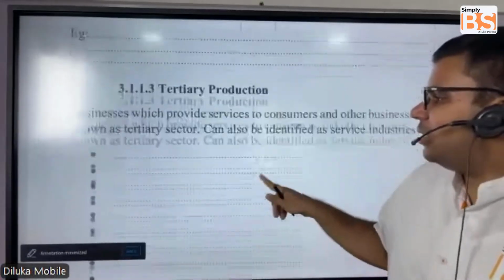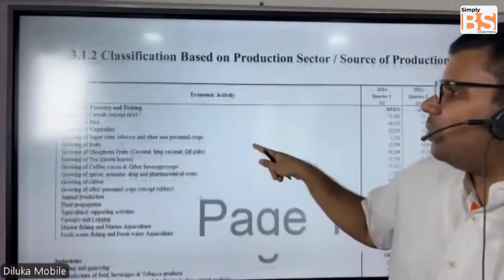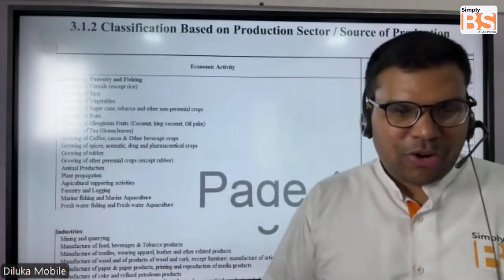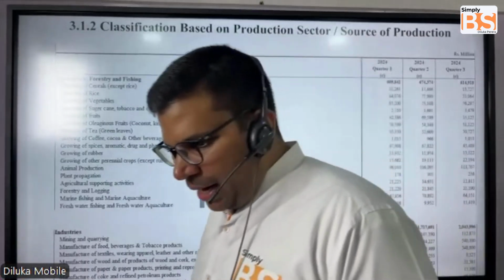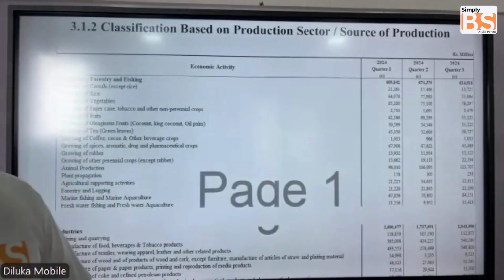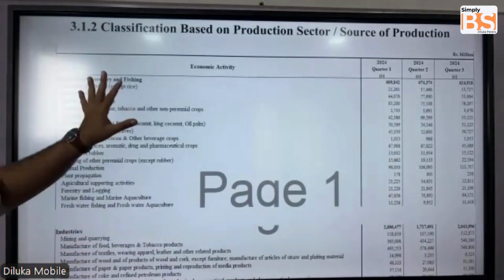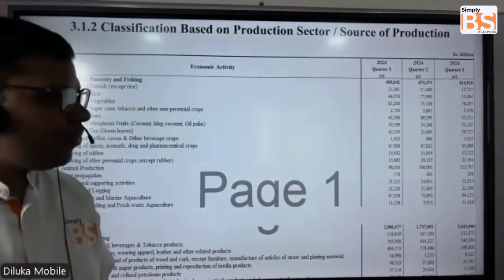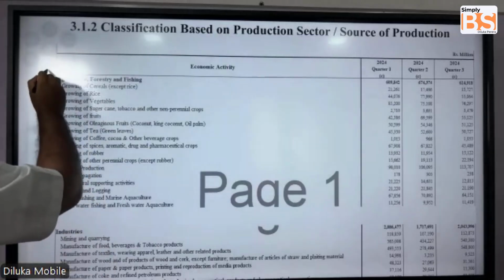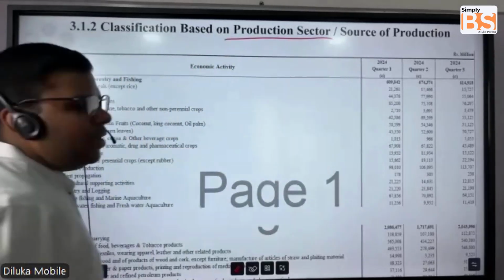Can you remember? Based on the central bank report, the economic activities are put into three categories, or three sectors. Now, they're testing this question from here.